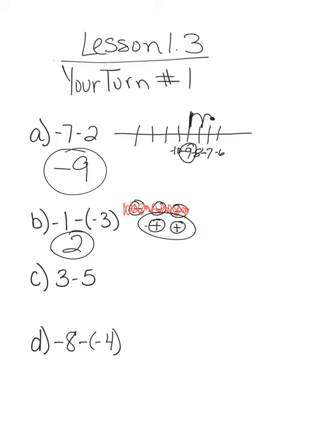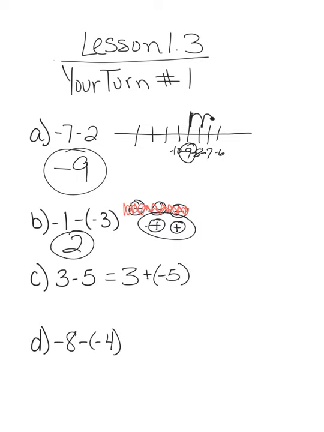And in part C, 3 minus 5. We know that we can also rewrite these. So I'm going to rewrite this by adding the opposite. The first number stays the same, my subtraction becomes addition, and then I'm going to look at the opposite of the second value. This integer here is a positive 5, and the opposite of that is a -5.